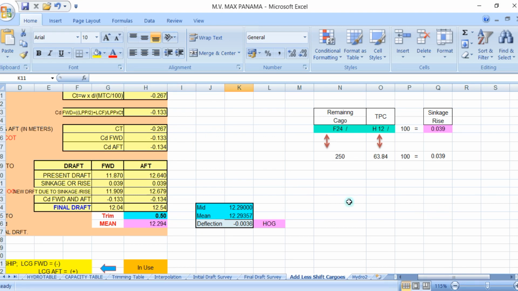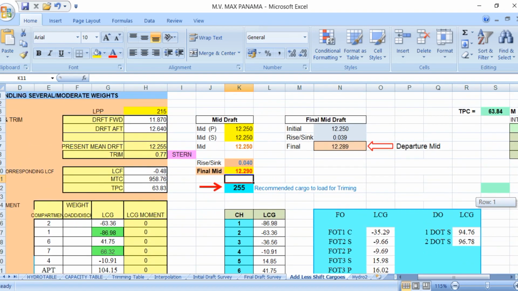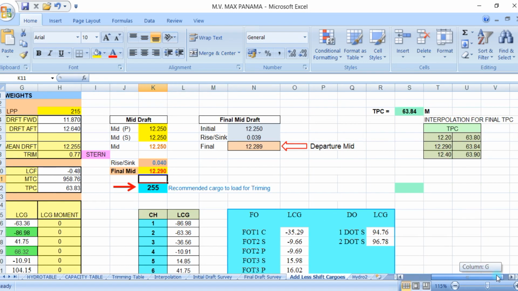And with this program, to get this sinkage or rise, this is the formula. So the cargo will be 250 metric tons, which you put in your forepeak, and the TPC of your final mean, so the final mean will be 12.29, which is this one. So the TPC will be 63.84, which is this one.